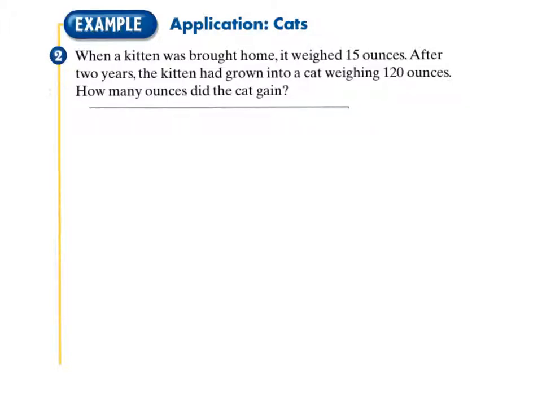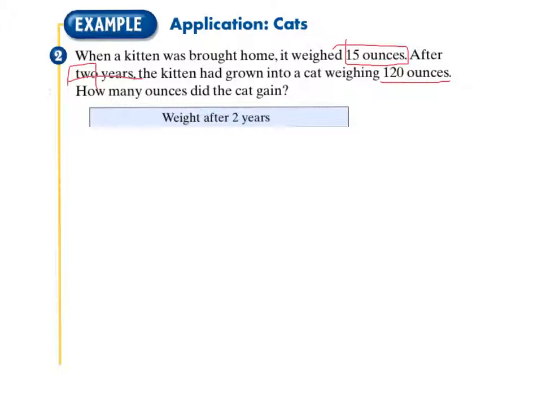When a kitten was brought home, it weighed 15 ounces. After 2 years, the kitten had grown into a cat weighing 120 ounces. How many ounces did the cat gain? So our total, or the end amount, is the weight after 2 years.